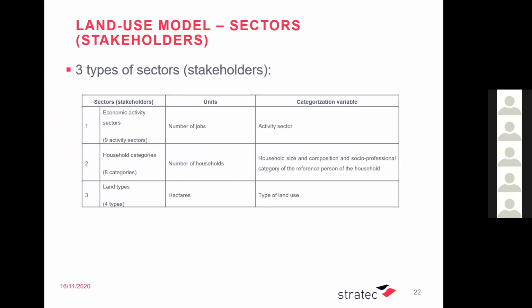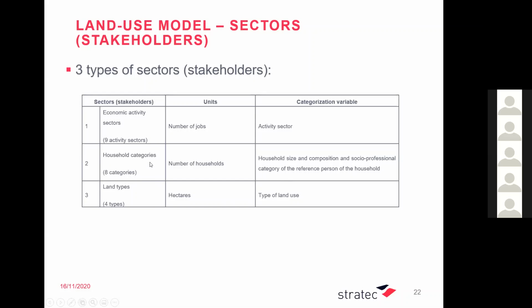I don't know to what extent you are used to TRANUS, but at the very beginning of the modeling process you have to define economic activity sectors, household categories, and land types. Our segmentation is as follows: 9 activity sectors, 8 types of household, and 4 land types. The categories of household are based on the household size and composition and the socio-professional category of the reference person of the household.